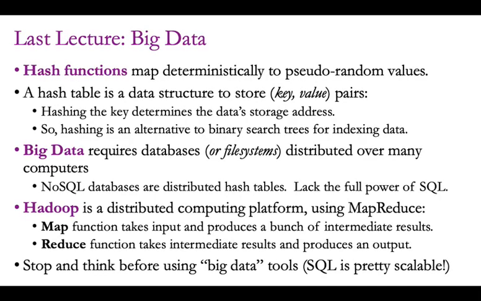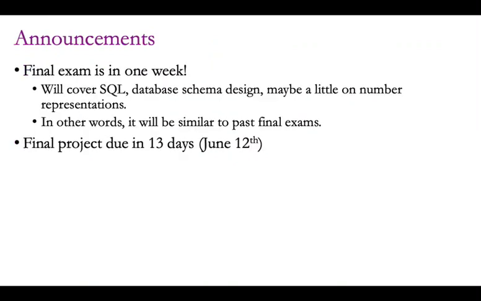All right. So last time I talked about big data and sort of divided it into two different topics. So the first was distributed hash tables, like NoSQL databases. Question about number representations on the previous page?